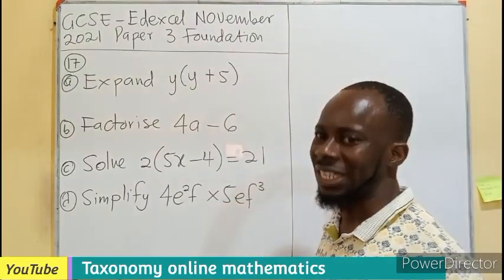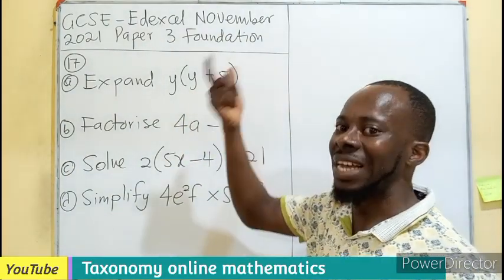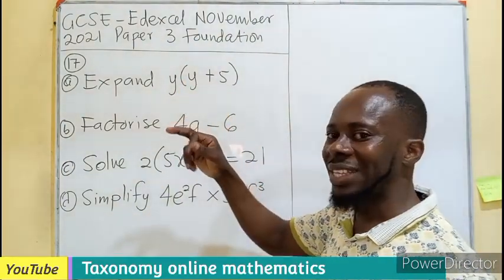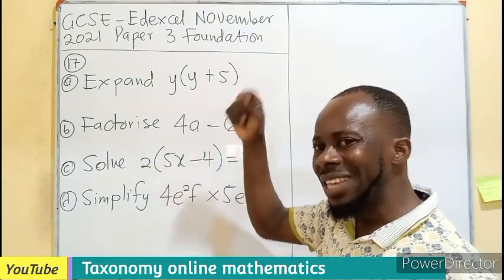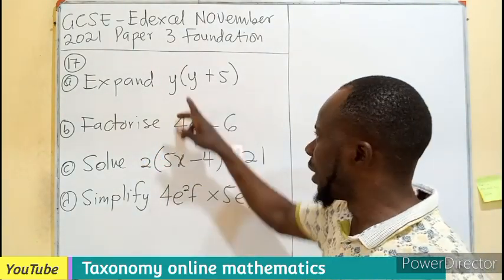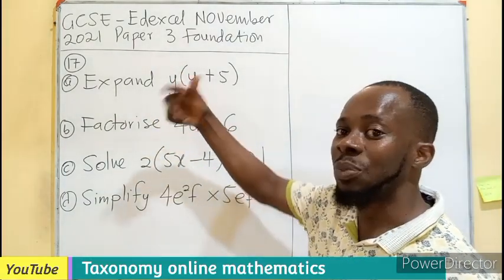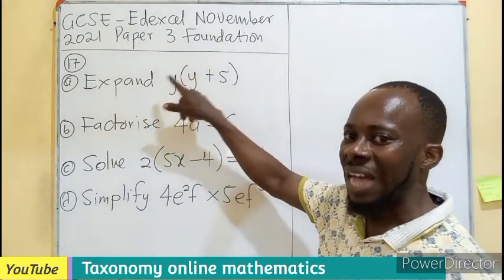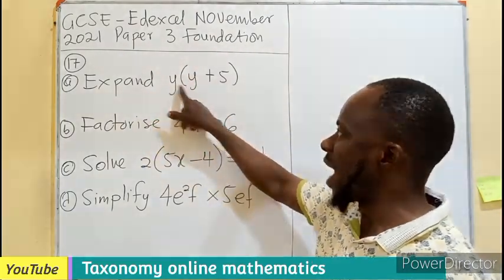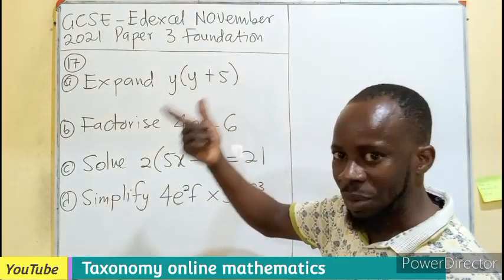So we are to expand, and when we are doing expansion of a single bracket, we use the term outside the bracket to multiply the terms inside the bracket. So the bracket is having a multiplication, meaning y and y is having a multiplication. y and 5 will also have a multiplication, that is, you multiply them.